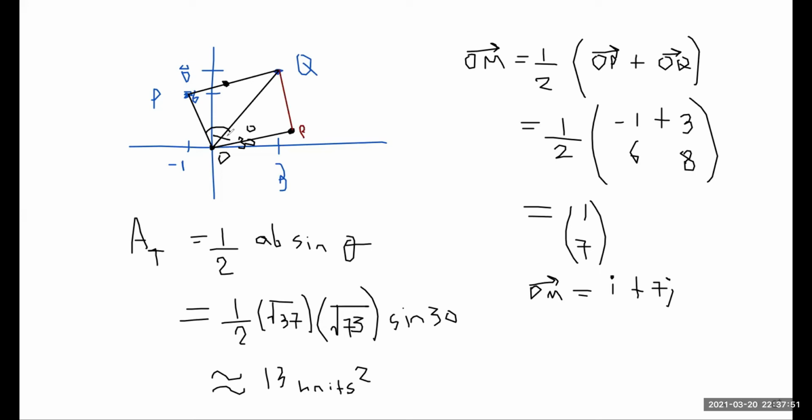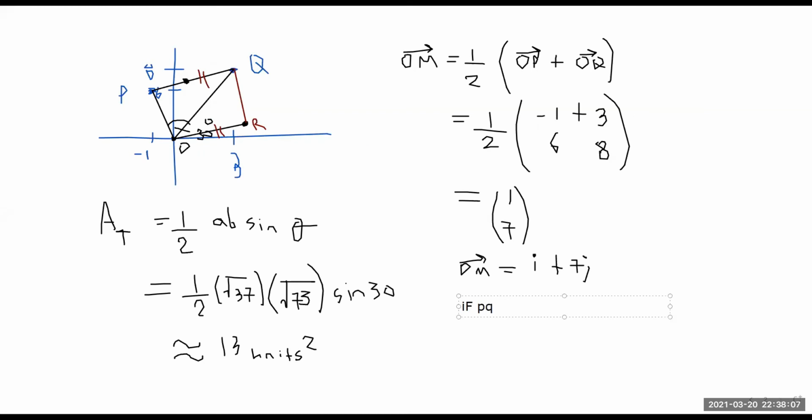If it forms a parallelogram, that means that this side is going to be parallel to this side. Let's write that down. If PQRO forms a parallelogram, then what do we know?